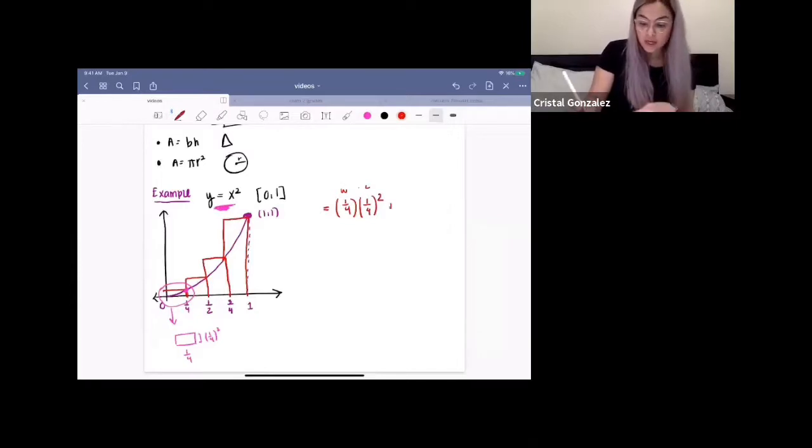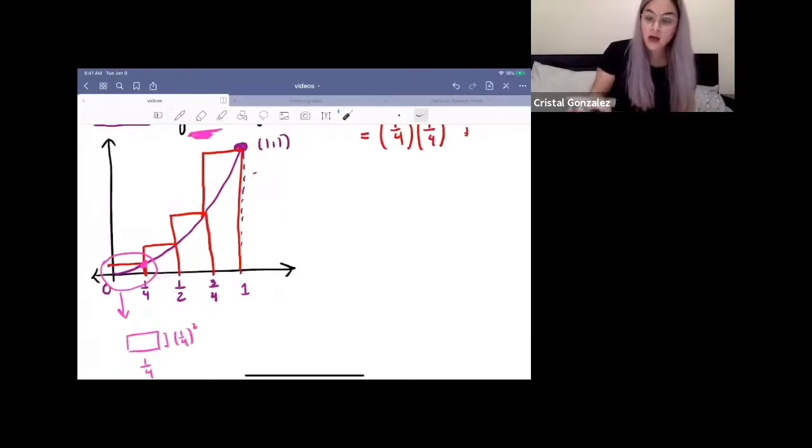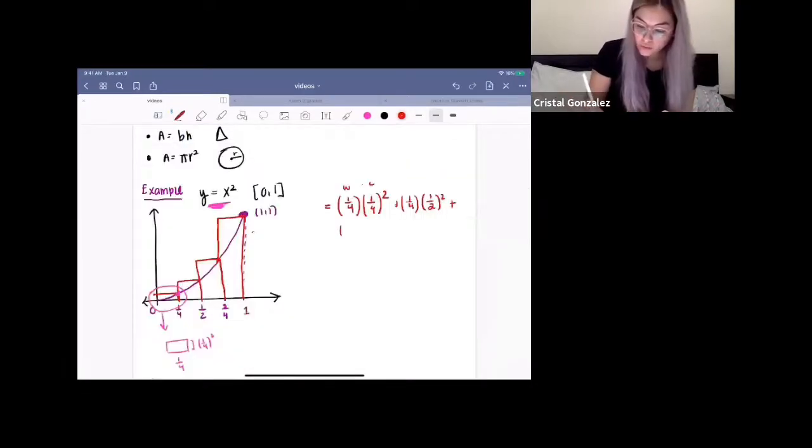And now if we do the next one, this width here is still 1/4, but now my height is going to depend on this spot for that function. So it's going to be 1/2 all squared. So it's going to be 1/4 times 1/2 all squared, plus I'm going to do the same thing for the next rectangle here, which is going to be 1/4 times 3/4 all squared.